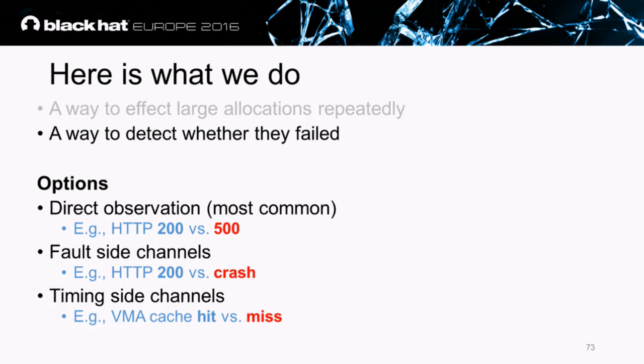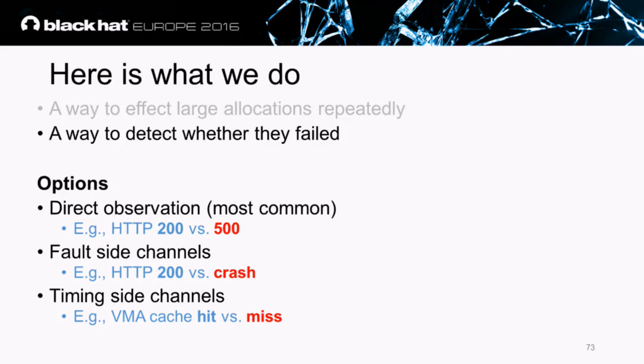And as a way to detect whether the allocation at the server failed or not, there are different kinds of options. One is that the server just replies with a status. It gives you the page that you requested, or it just says something went wrong.